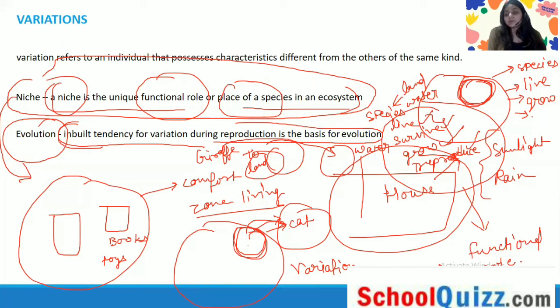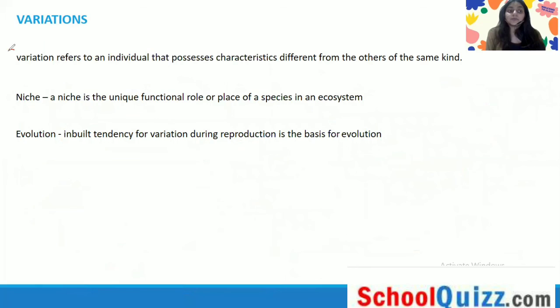Evolution means the growing of new species. I hope this is clear for you, because these are the basic understanding. If you understand this, the further chapters will be easy for you.